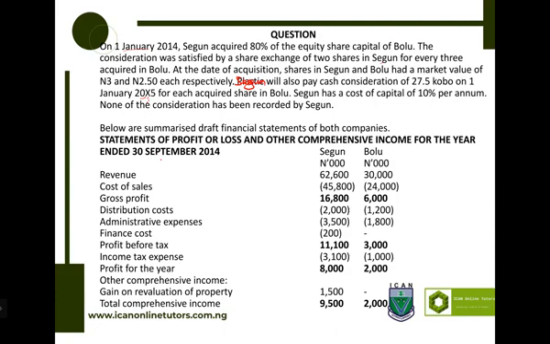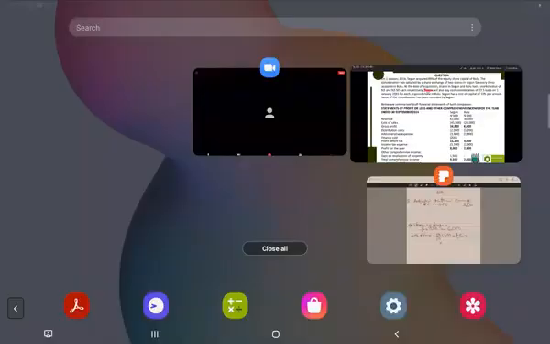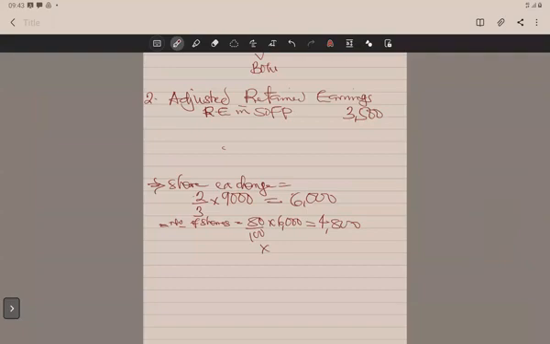If you are calculating for the parent company, the shares acquired are for the parent company, so you use the market value of the parent. If you are calculating for the subsidiary, you use the market value of the subsidiary. So this one will be 3 naira, which is the share price of Segun, multiplied by 4,800. That's 14,400.